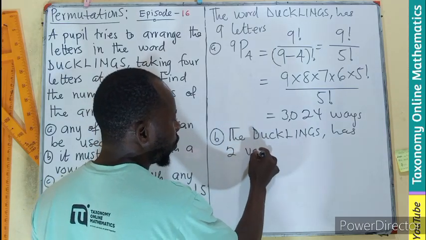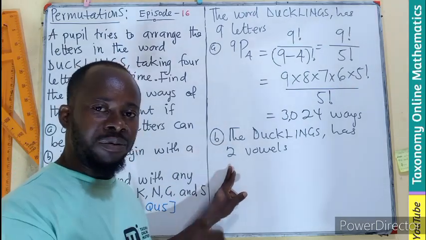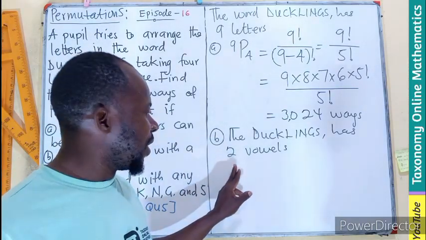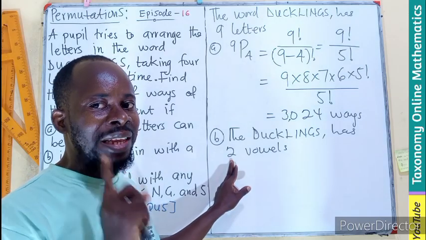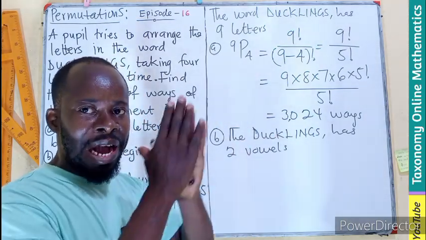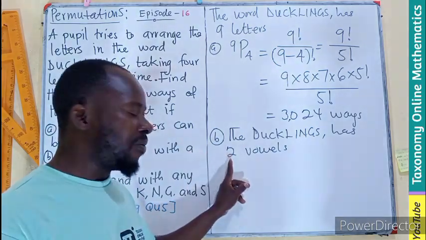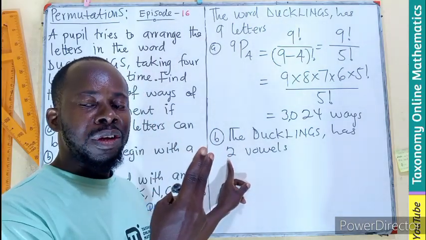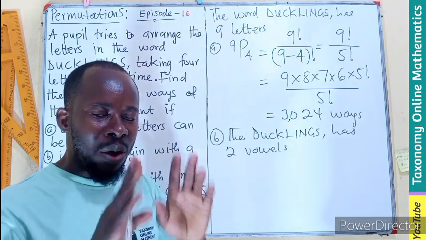It has 2 vowels. So if the first place is going to have only a vowel, it means it has 2 options, whereby you pick one at a time. You cannot put U and I together because you're looking at just the first position. So you have an option of 2, selecting one at a time. That is 2 permutation 1, and that will give you 2.